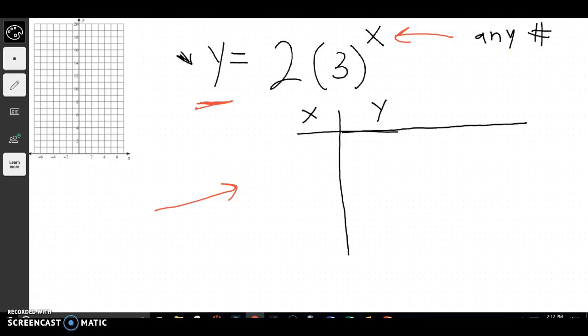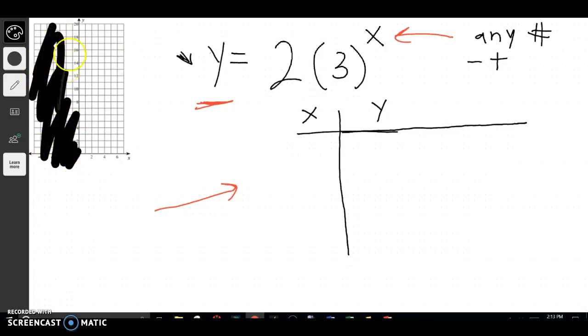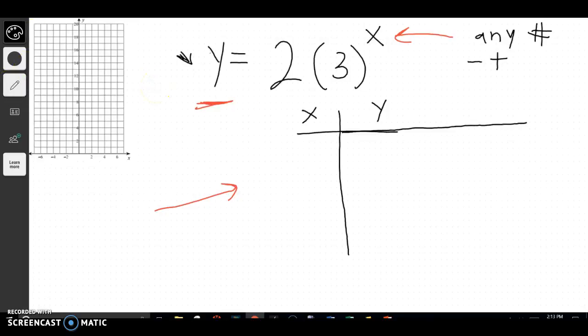If you think about why, if you only had positive numbers, it'd be like you're covering up this entire side of the graph and you wouldn't have any idea what happened on that side. And we don't want to cover that side of the graph up. So we're going to have to put both negative and positive numbers.